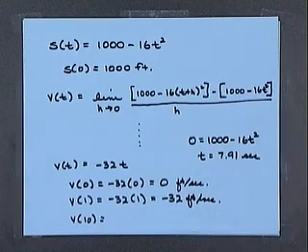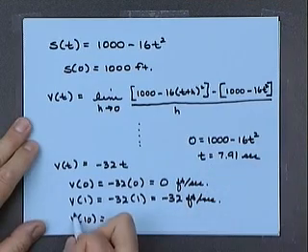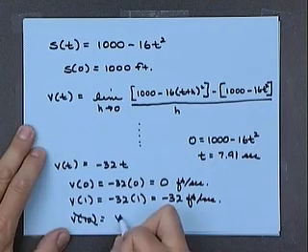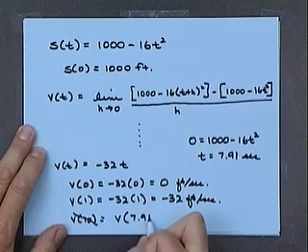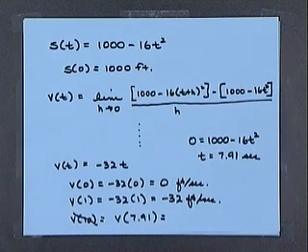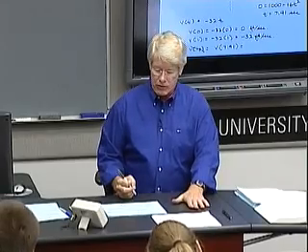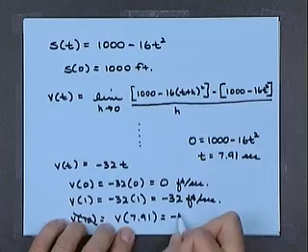So even though that's absurd, it's already been on the ground for a little more than 2 seconds, we could find the velocity with which it strikes the ground, right? At that very instant, how fast was it going? The instant that it struck the ground. We could put 7.91 in there.